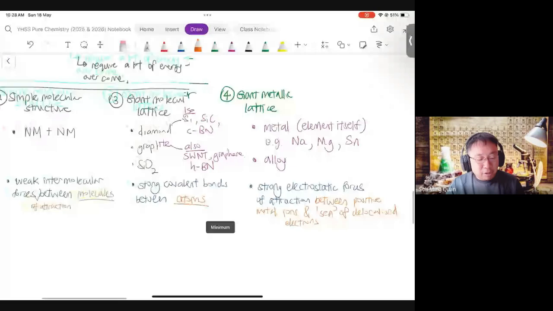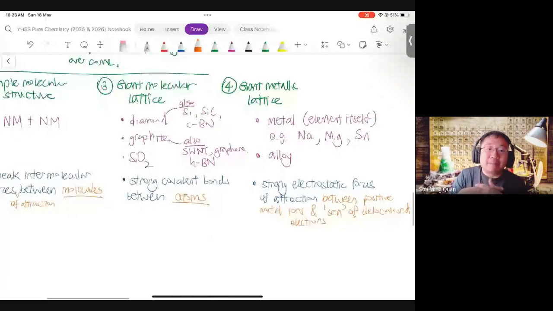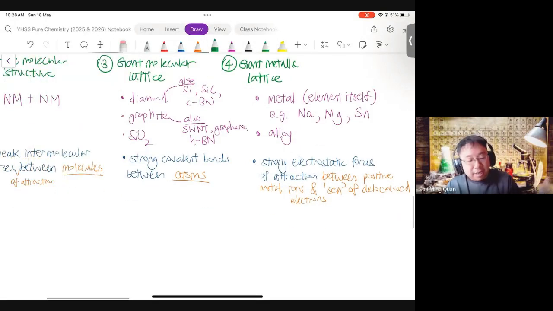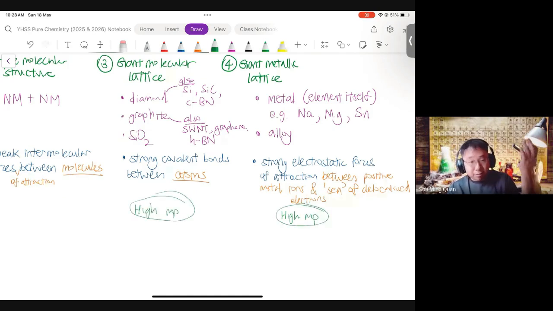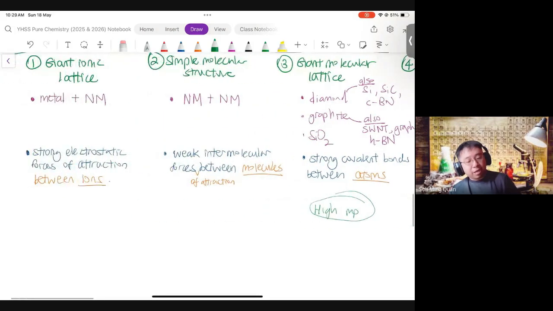Now, once you have basically taken down and summarized these things, you now need to deduce. So how am I going to use all this? The idea is if it's strong, you have a high melting point. So metallic lattice, high melting point. Giant molecular lattice, high melting point. Simple molecular, low melting and boiling point.